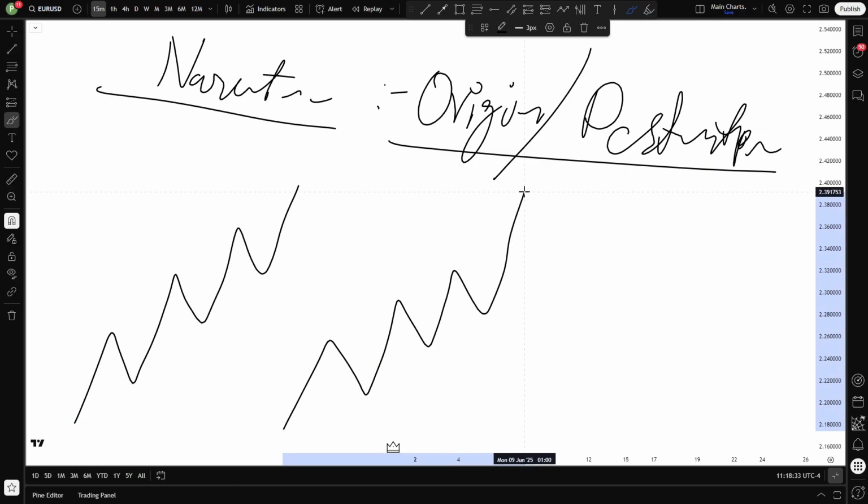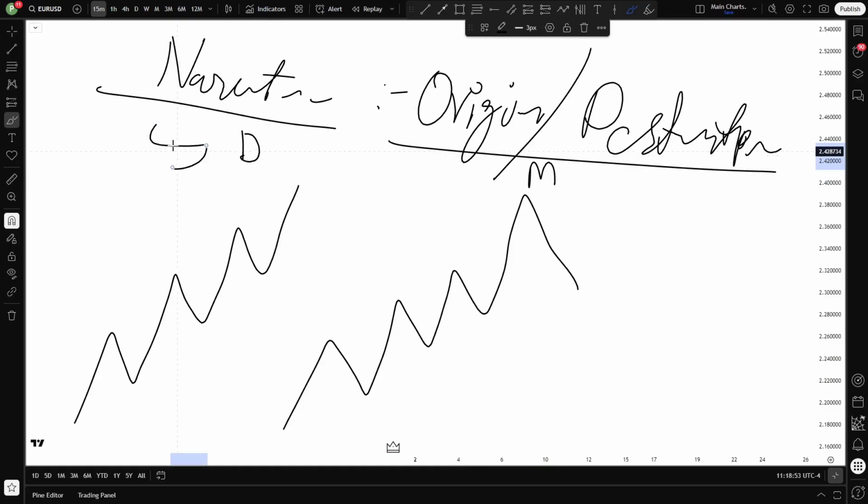Okay, we know that the market is moving in an underlying bullish direction. The direction of the market is bullish. But now let's say this is the daily time frame. We will be repeating or replicating this exact process on the monthly, then we'll refine it down to the weekly and then to the daily.